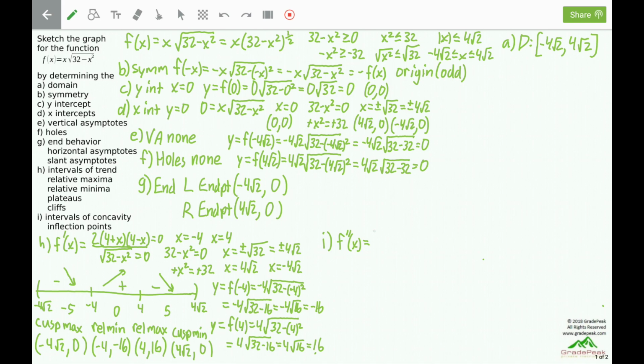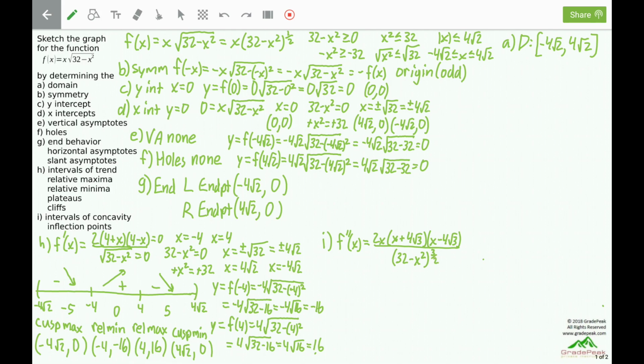So it was 2x times (x plus 4 square root of 3) times (x minus 4 square root of 3), and then the entire thing was divided by (32 minus x squared) to the 3/2 power.